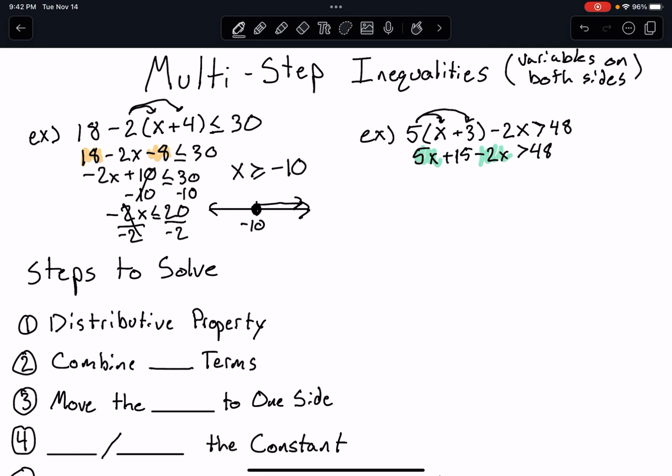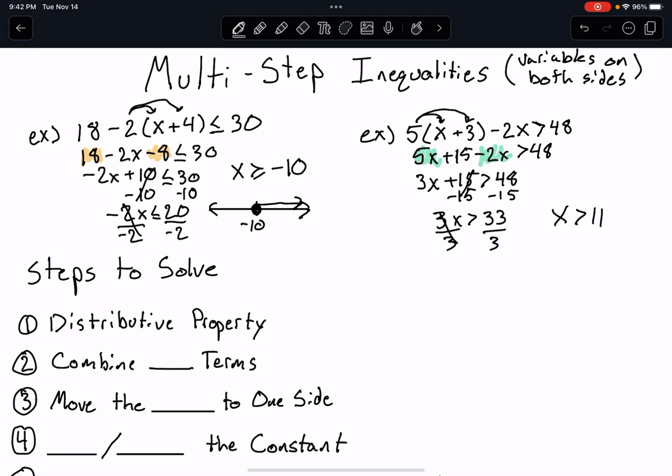So 5x minus 2x is 3x plus 15 is greater than 48. Minus 15, minus 15. 3x is greater than 33. Divide by 3, divide by 3. And we're left with x is greater than 11. No flipping because I did not divide by a negative.